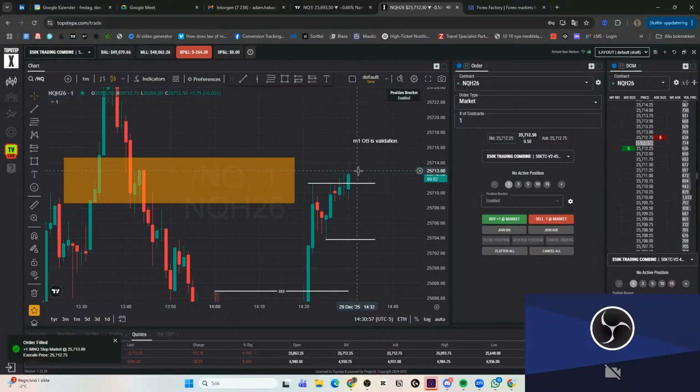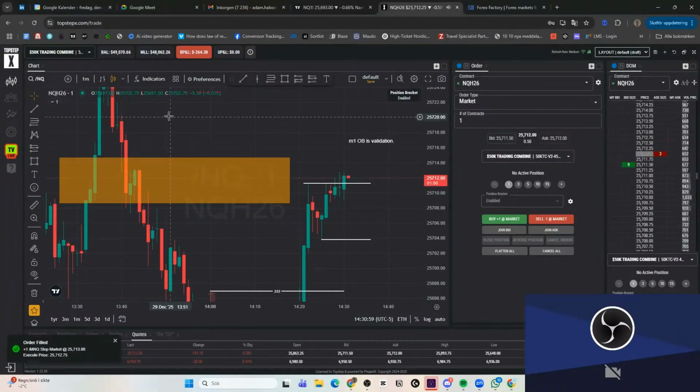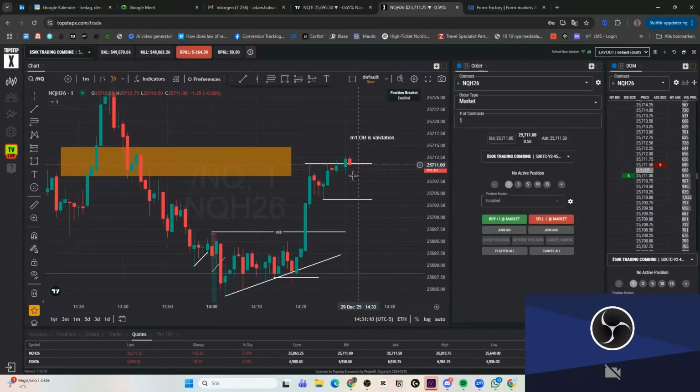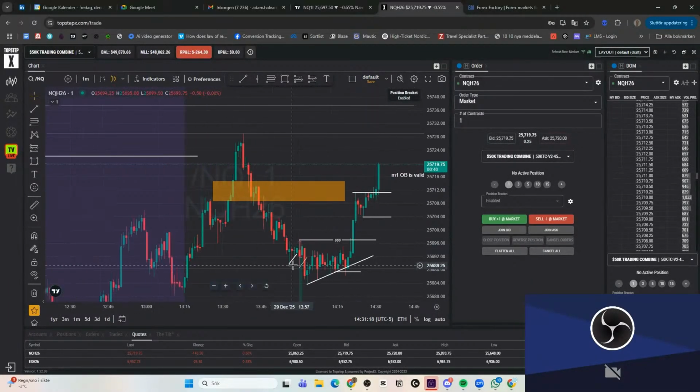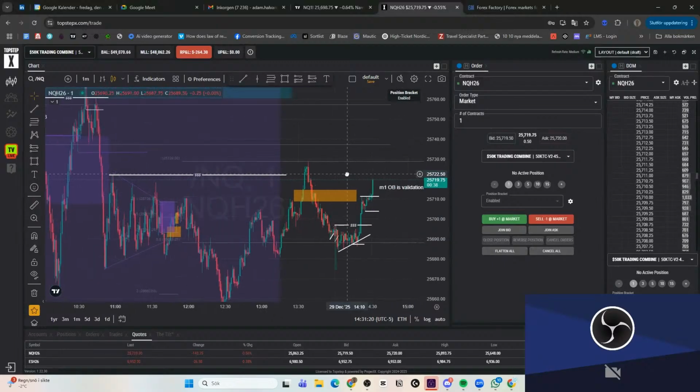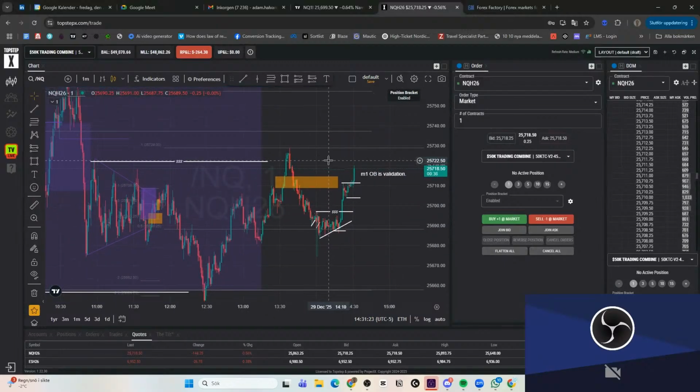Oh no. Yeah, but basically it tends to be a higher hit rate if it's a real engineered run, fake run up. Those order blocks tend to be better. Oh, interesting.